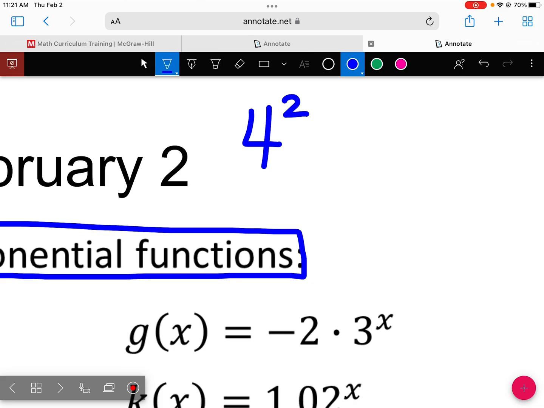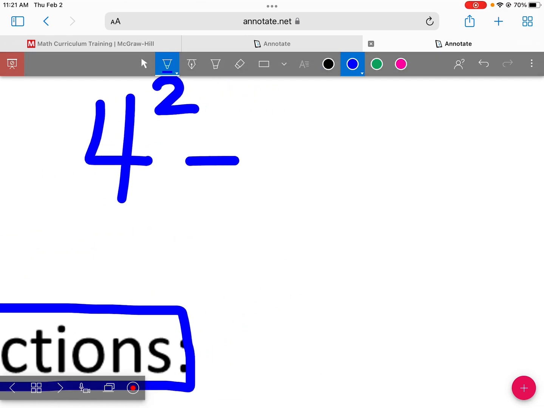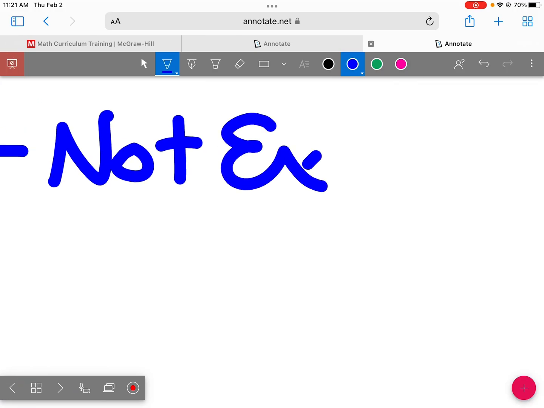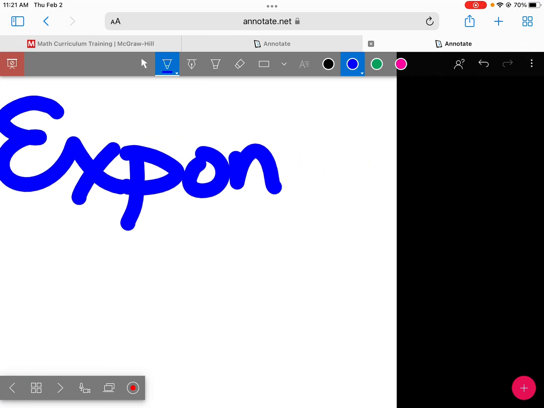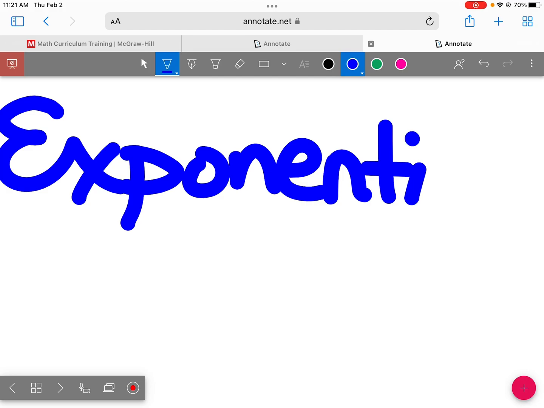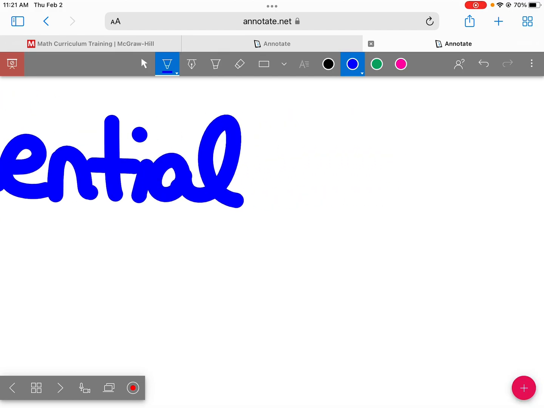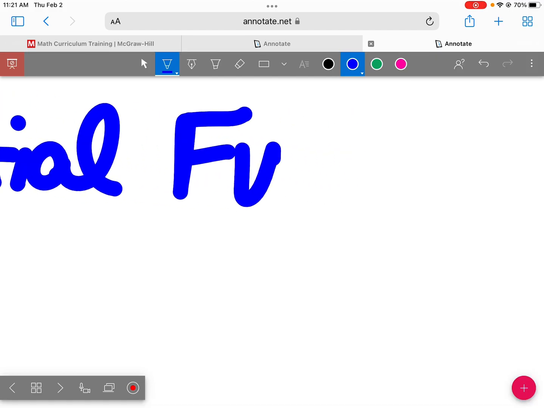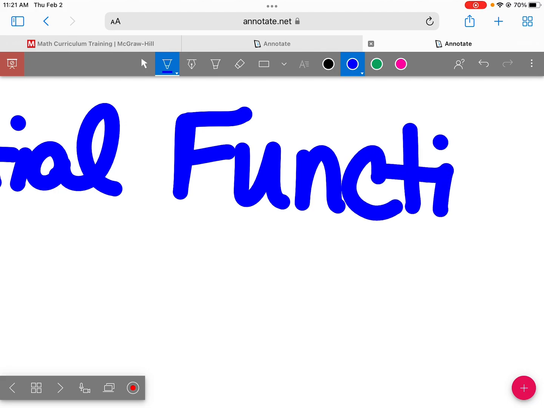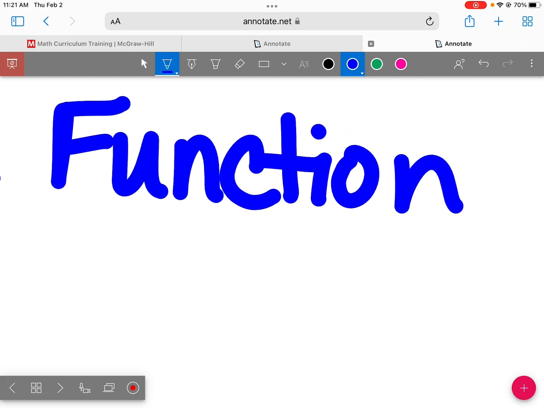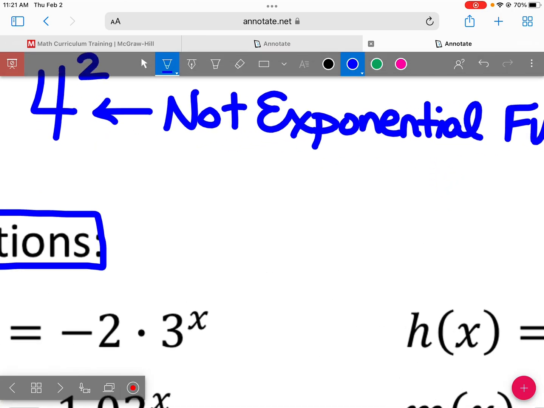No. This is not exponential. Not an exponential function. Why is it not an exponential function? I agree it has an exponent, but it's not a function. Because there's no x. Where does the x have to be for it to be an exponential function? Has to be part of the exponent.